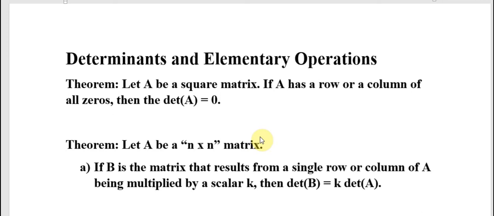Now that also begs the question: if there are two rows that are multiples of each other, you can cancel out and get a 0 for an entire row. Thus, that determinant as well would be 0. Or if there are two columns that are multiples of each other, there again, that determinant would be 0.